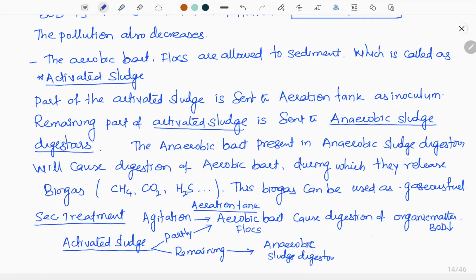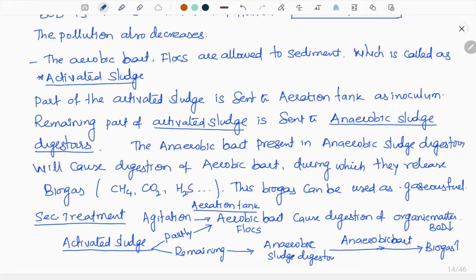The remaining part of the activated sludge is treated by anaerobic bacteria, where they release the biogas.